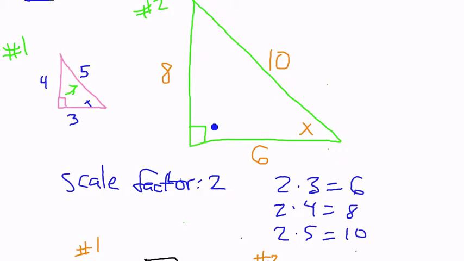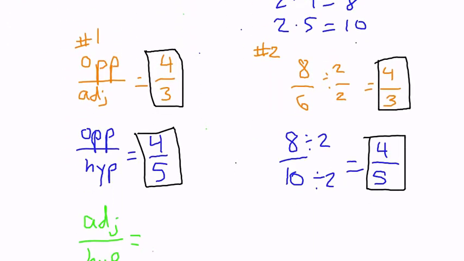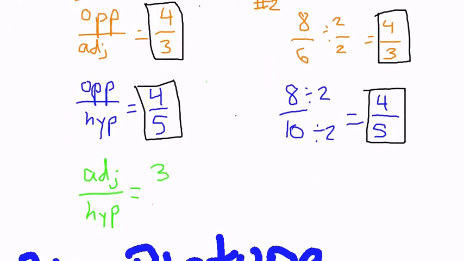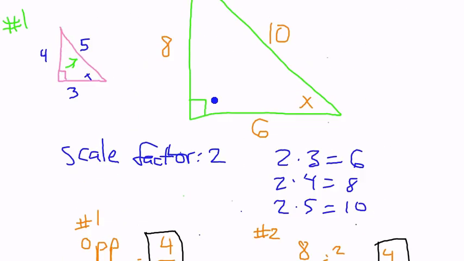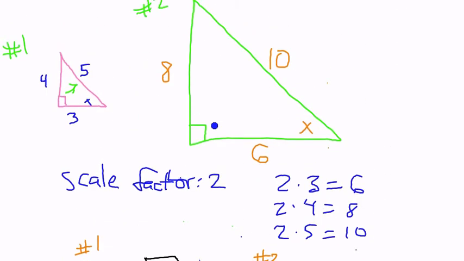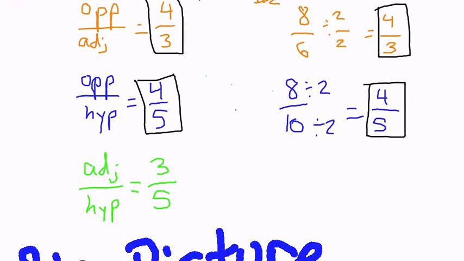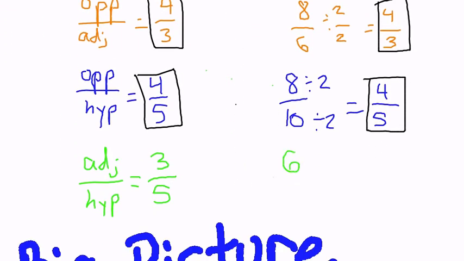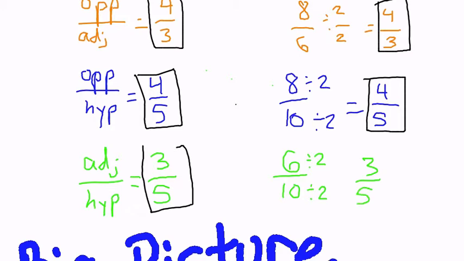So adjacent over hypotenuse would be 3 over 5. For triangle number 2, adjacent is 6, hypotenuse is 10, so that would be 6 over 10. We can divide that by 2, and we get 3 over 5. And look here again, those ratios are the same.